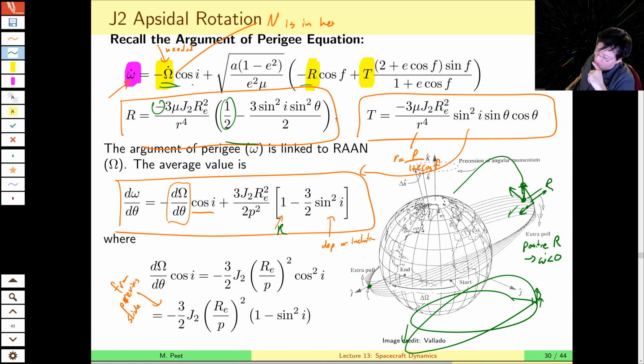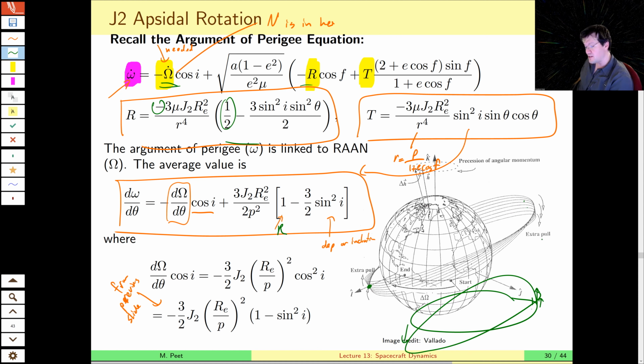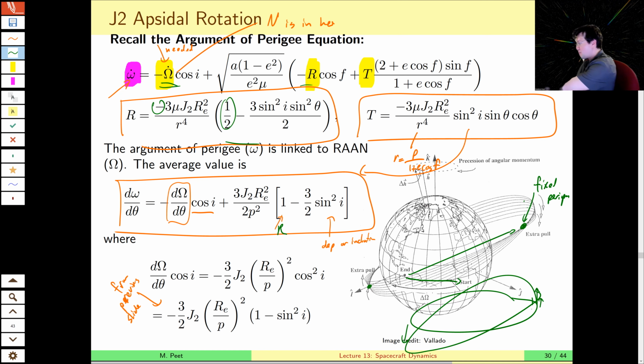Let's assume the orbit itself doesn't change. But the right ascension is changed from here to here. So what is the argument of periapse? Remember, it's this angle from here to here.